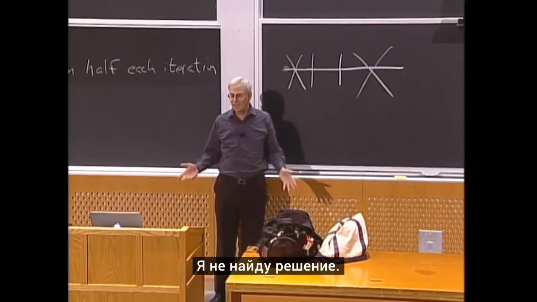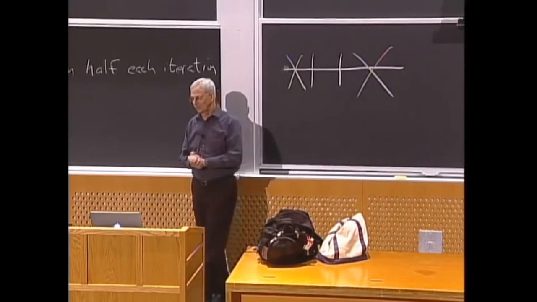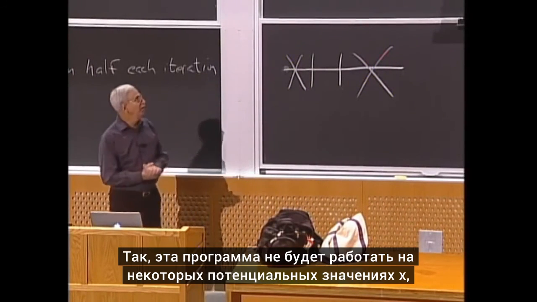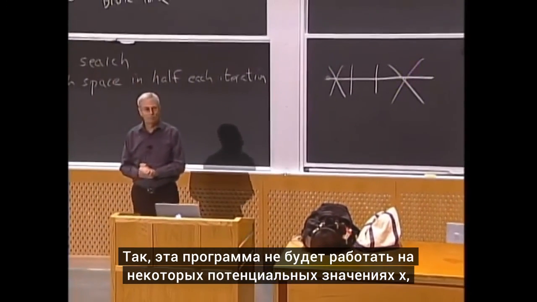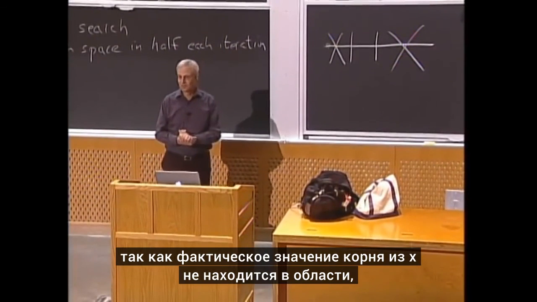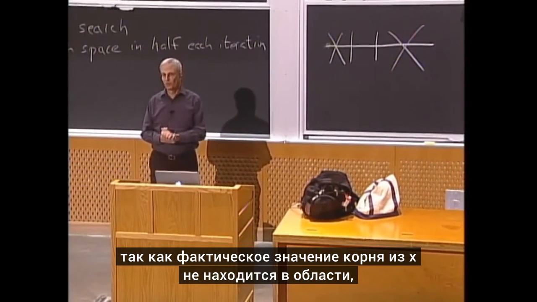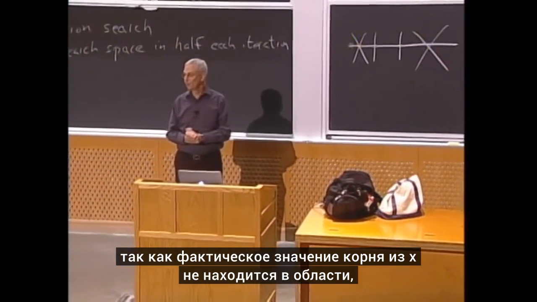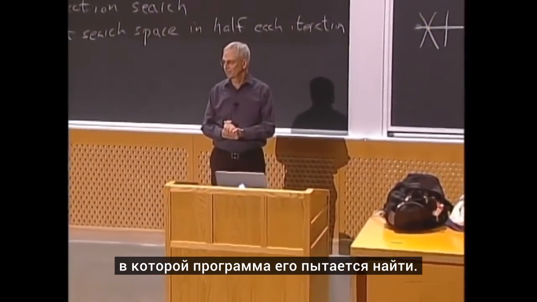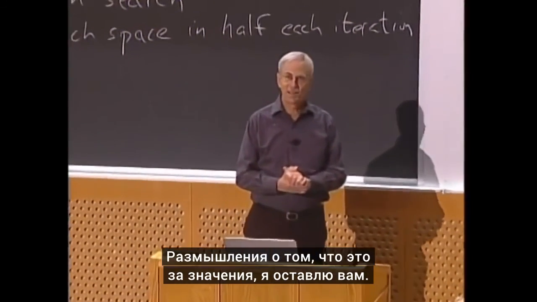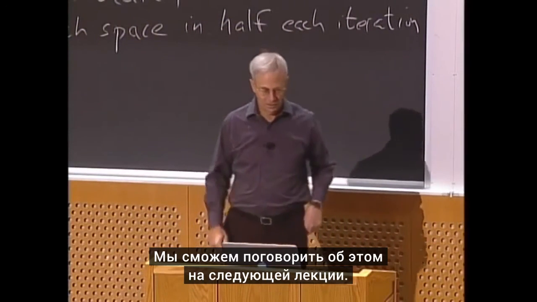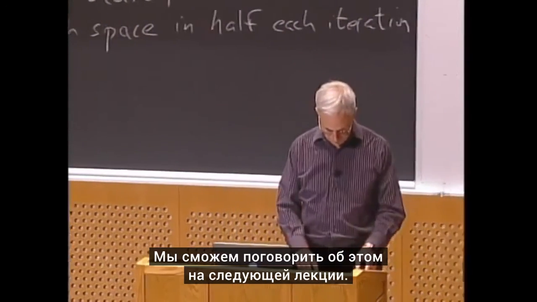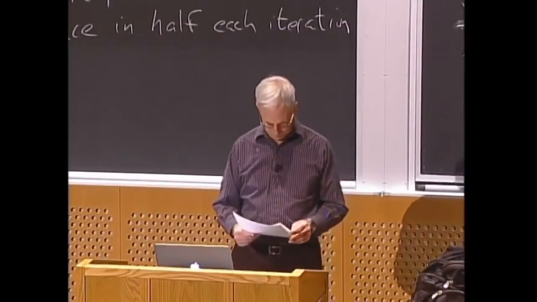I'm not going to find the answer. And so this program doesn't work on some potential values of x because the actual square root of x will not lie in the region that the program is searching. I leave it to you to think about what such values are, and we can talk about that in the next lecture.